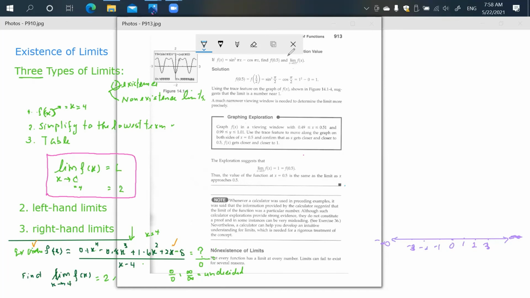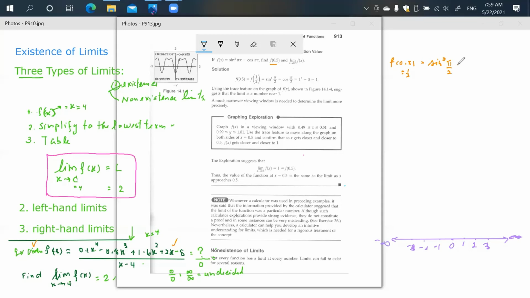So for this first one, we can find f of x when x equals 0.5 right away. How to do it is, you just replace x with 0.5 here. It becomes sine of pi times 0.5. 0.5 equals what? 1 over 2, right? So pi times 1 over 2 becomes pi over 2.